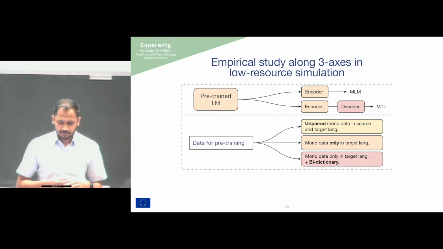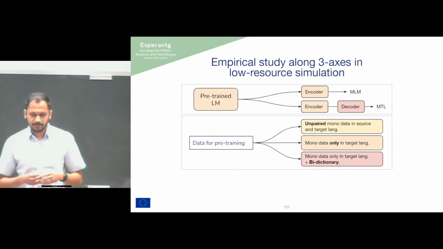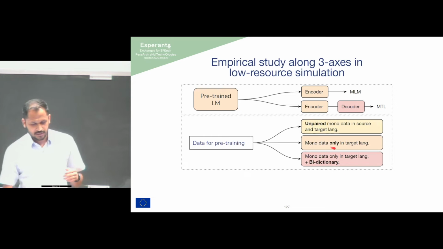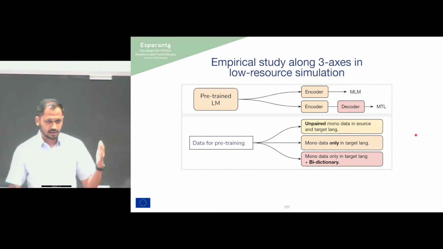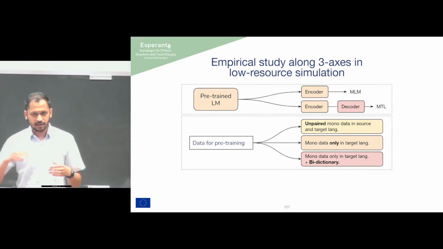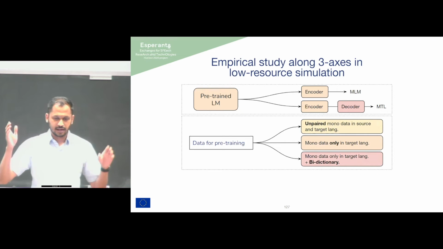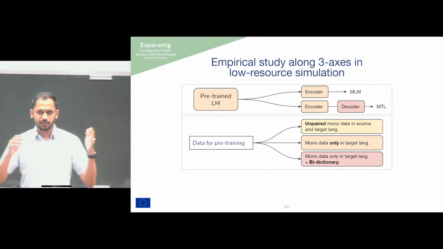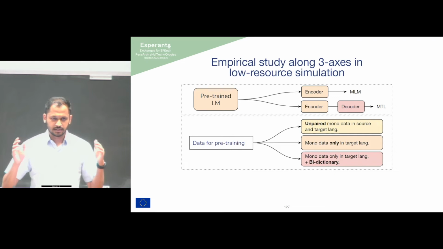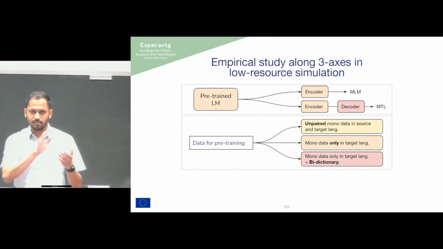The second is the kind of data for pre-training: either we have just unpaired data in source and target language, or we only have monolingual data in the target language, or we have monolingual data in the target language and some bilingual dictionary between source and target language. And using this bilingual dictionary, we could construct pseudo-parallel sentences just by word replacement.